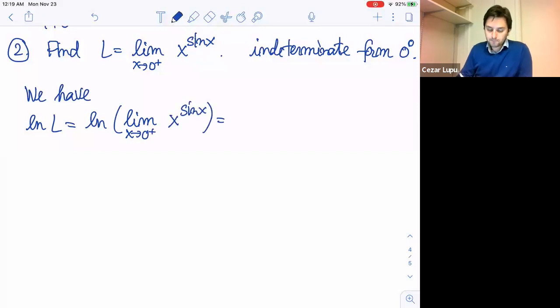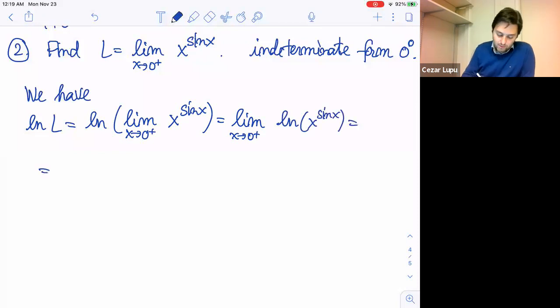The log will commute with the limit, so this would be the limit as x approaches 0 from the right of ln of x to the power sine of x. And this is nothing else than the limit as x approaches 0 from the right of sine of x times ln of x.